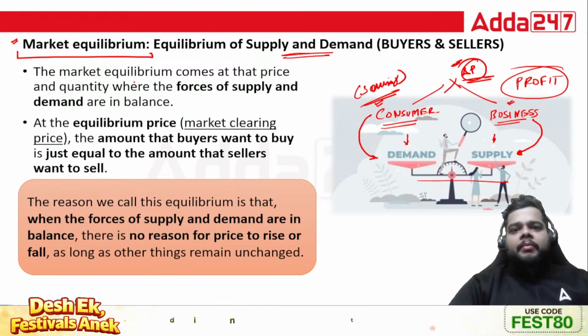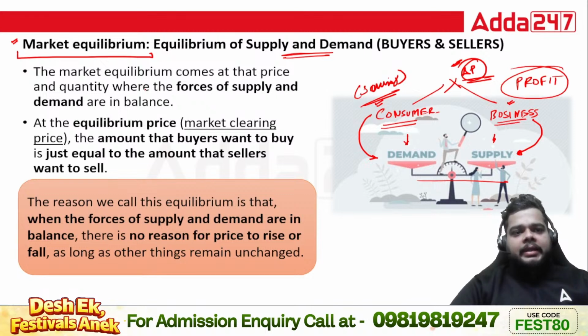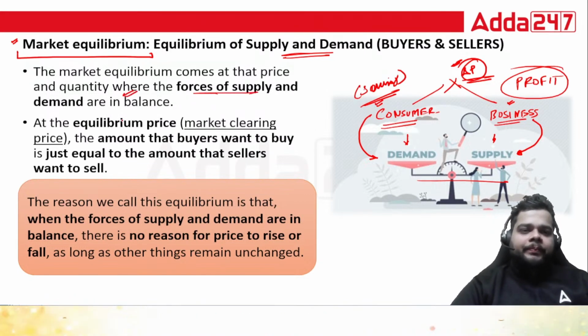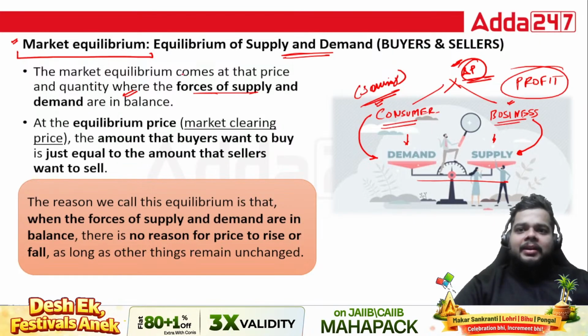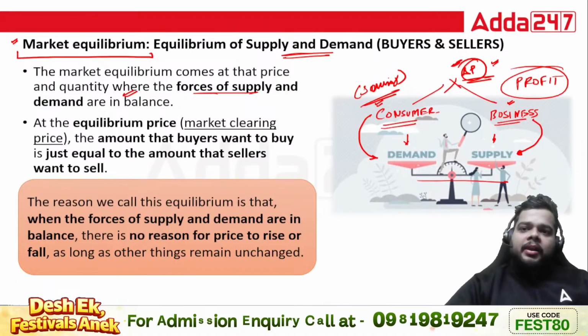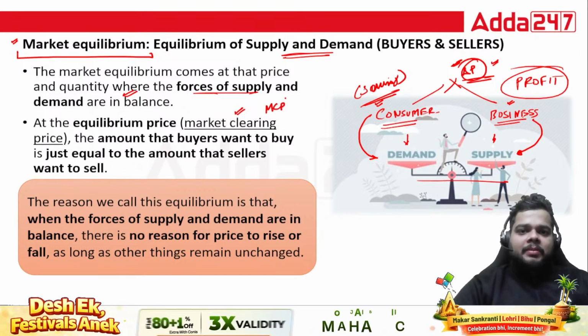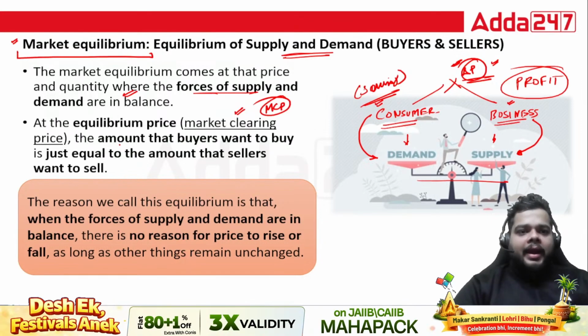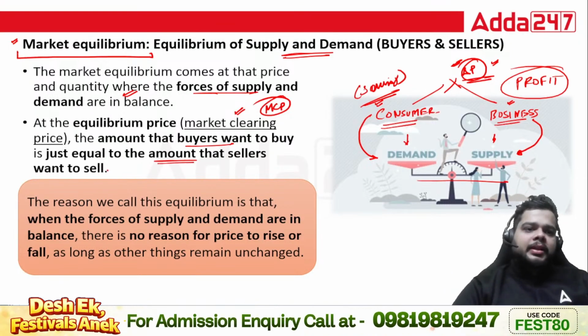So the market equilibrium comes at the price and quantity where forces of supply and demand are in balance. And the price at which this particular equilibrium is there, we will call it the market equilibrium price or the market clearing price, MCP. At this price, the amount the buyers want to buy is just equal to the amount sellers want to sell.